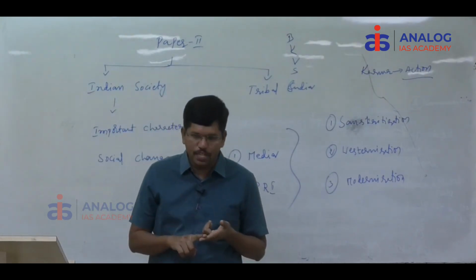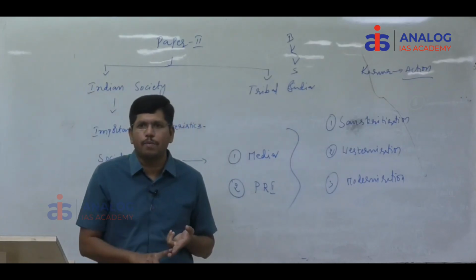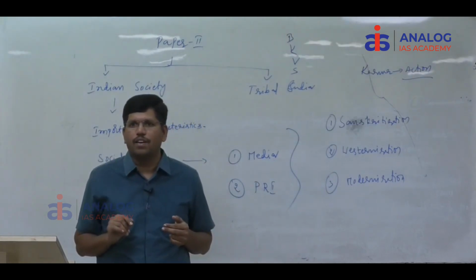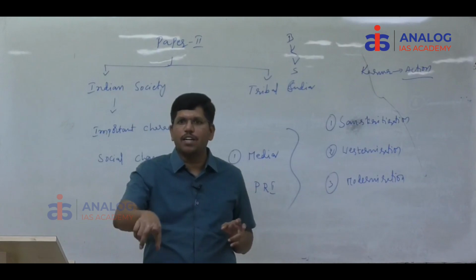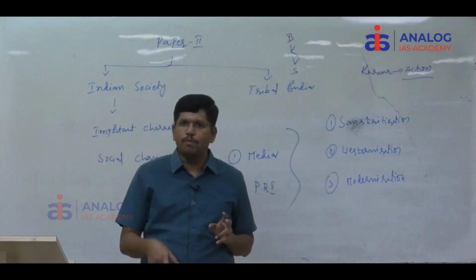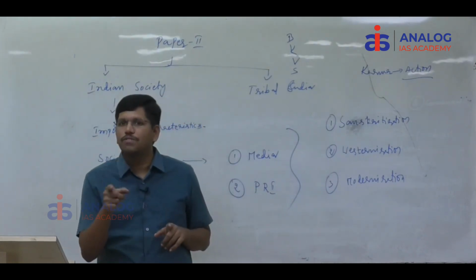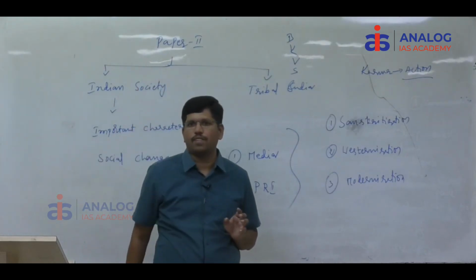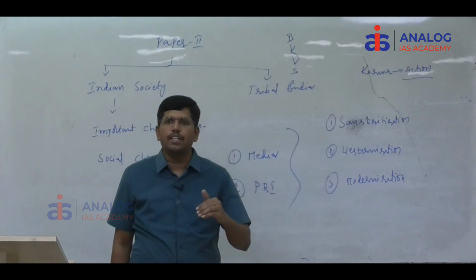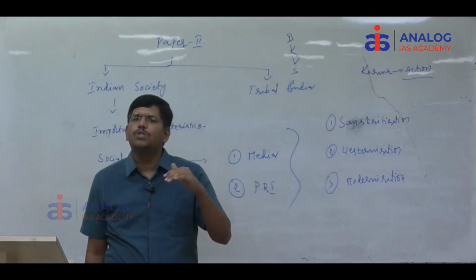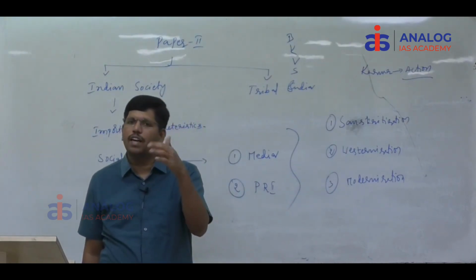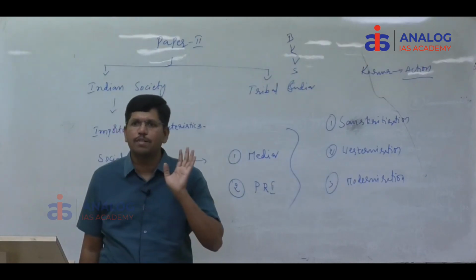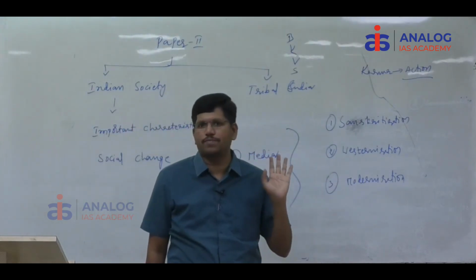Here privileges or disabilities are because of our membership in a particular caste. Membership in a particular caste is because of birth. Even though membership is because of birth, sometimes we can change the membership by following the lifestyle of the higher caste. If the lower caste imitates the lifestyle of the higher caste, in due course of time, one day the higher caste people accept the lower caste people also as their members.